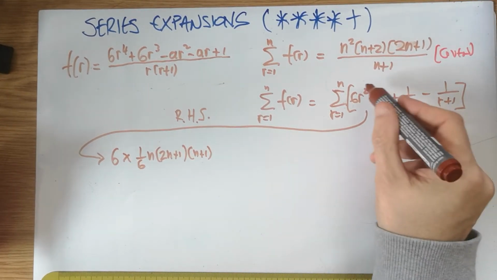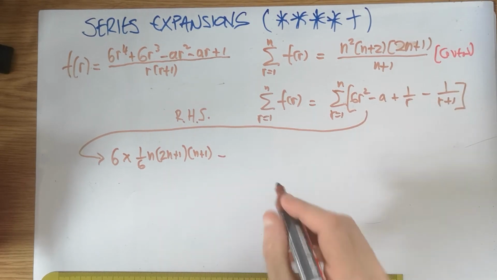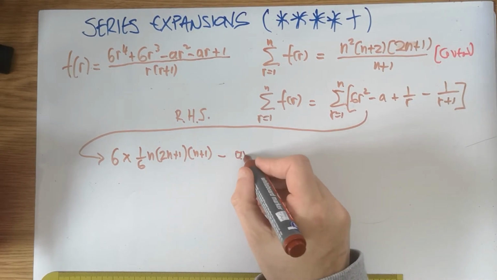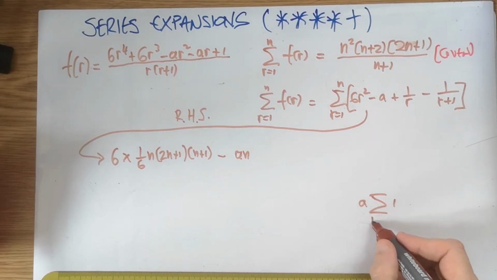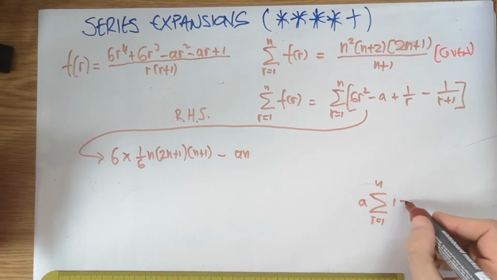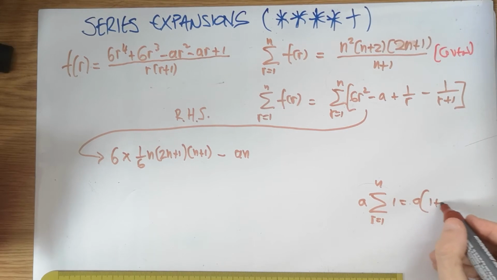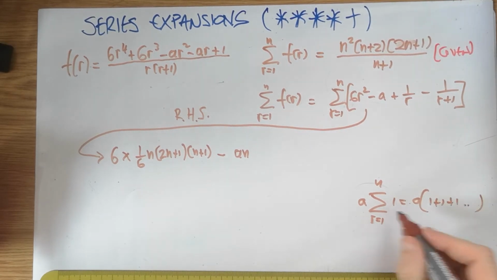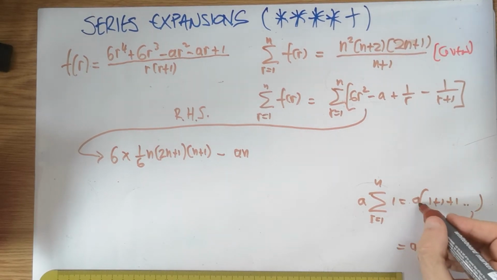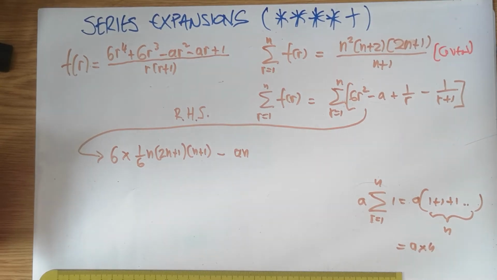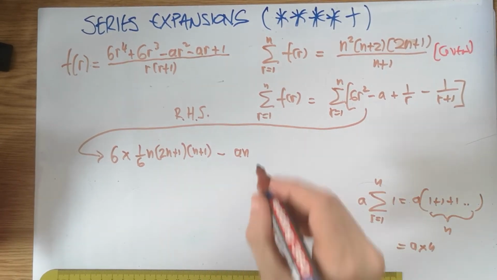So that is just this bit here, minus an. That's basically a times the sum of 1 from r equals 1 to n, which is a 1 plus 1 plus 1 and so on. You're adding n of them. So it's going to be a, which is at the front, times n, which is an. That is that bit there.